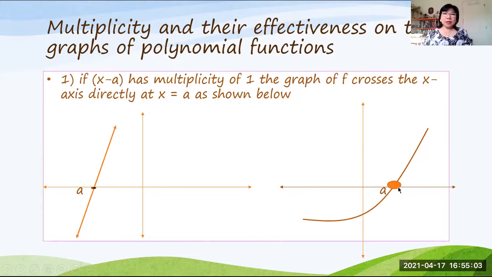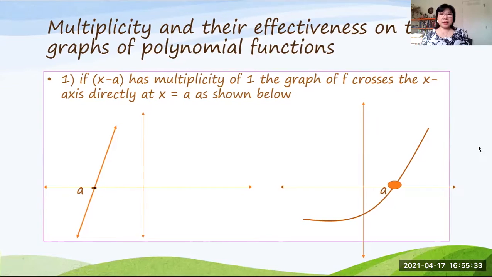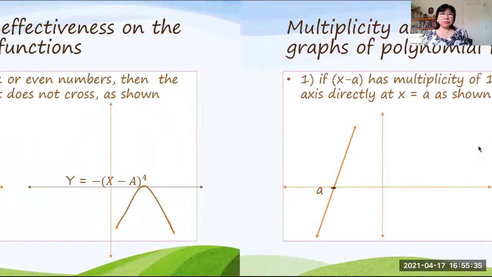If the function crosses directly at 1 point like this, we call it multiplicity 1, and it happens for odd numbers. For example, if you have x to the power 1, you will have multiplicity 1 like this. Let's go to the next slide and see what happens.